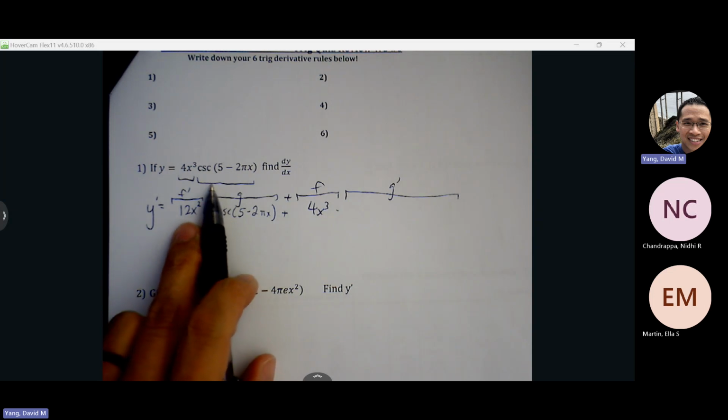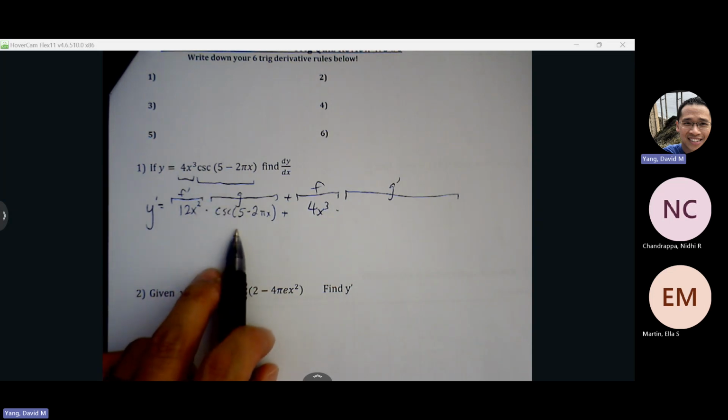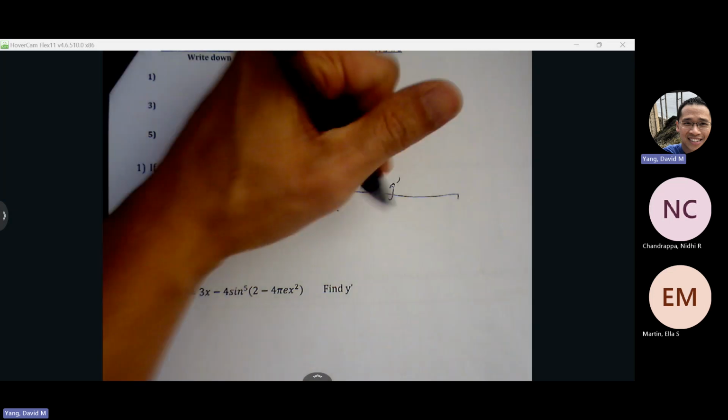And now we work on cosecant's derivative. Cosecant becomes negative cosecant u, cotangent u, times u prime.